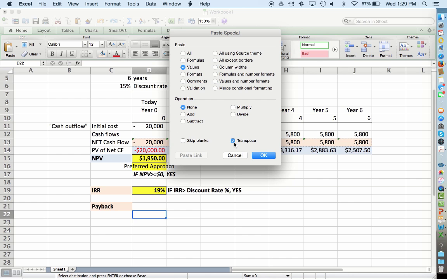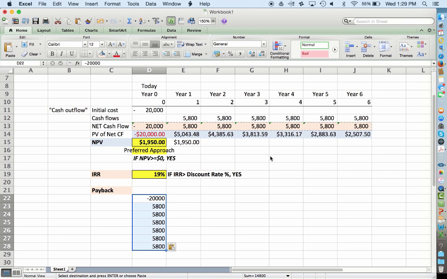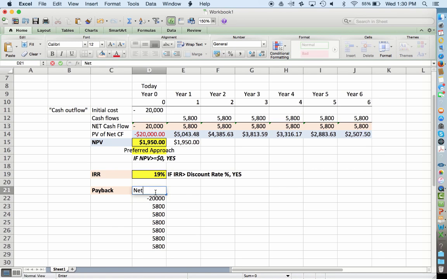And all it does is when you've got a set of numbers that's horizontal, it pastes them vertically. If you have a set of numbers that's vertical, it pastes them horizontally. That is the glorious thing about transpose. When you've built 10,000 spreadsheets, you learn to type fast.